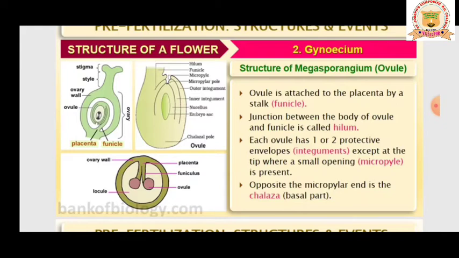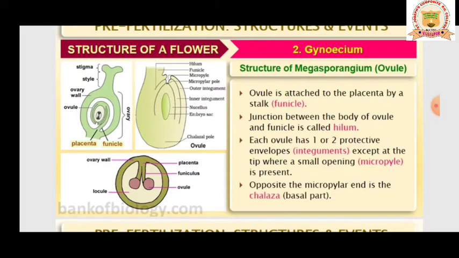The junction between the body of the ovule and the funicle is called the hilum.